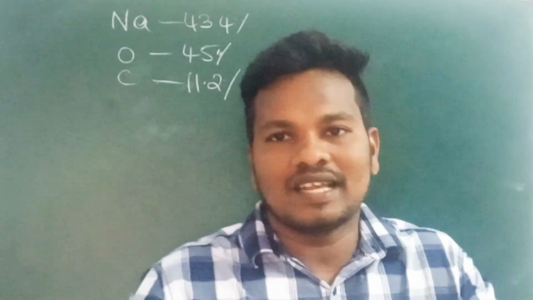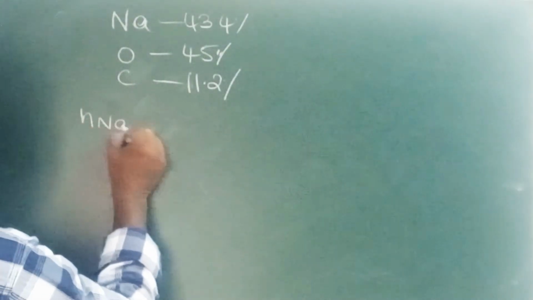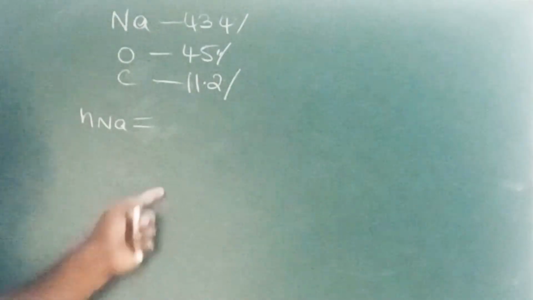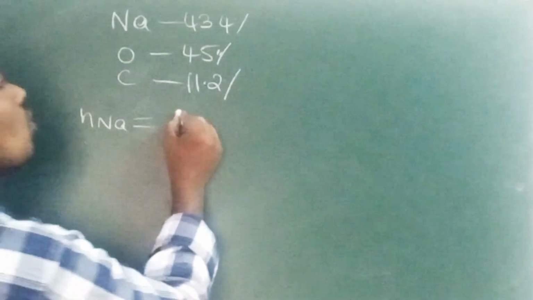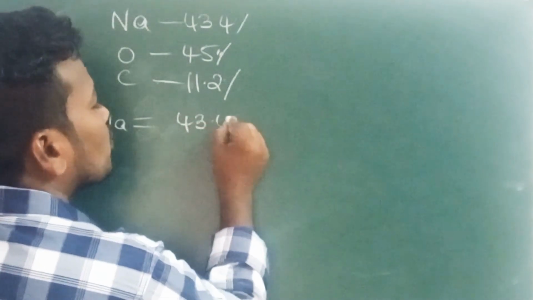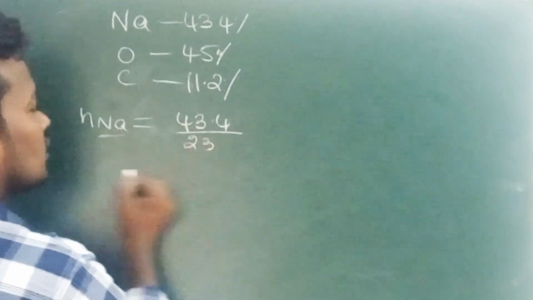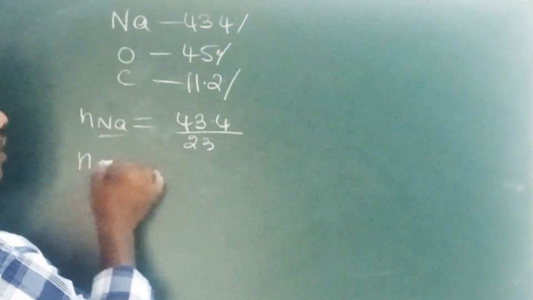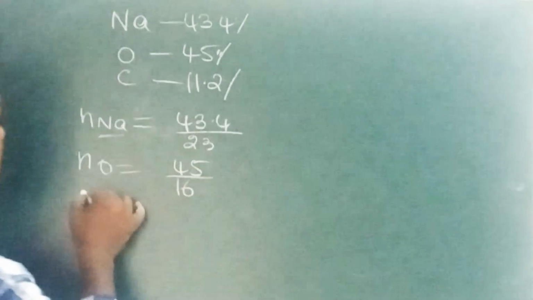First of all, we have to calculate the number of moles. So number of moles of sodium is equal to the mass percentage, as it is by mass only, 43.4 percentage, divided by its molar mass. Sodium atomic weight 23. Next, number of moles of oxygen is 45 by 16, where 16 is the oxygen atomic mass.